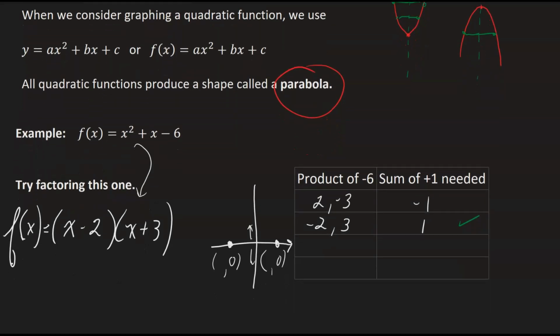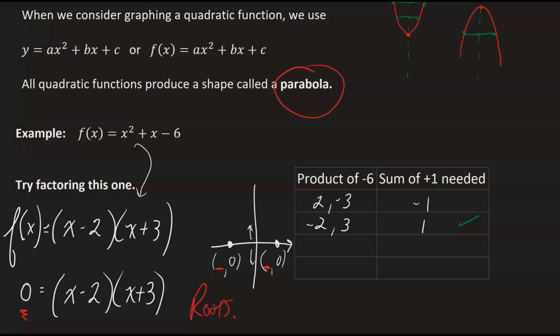So if we set that equal to 0 and solve, we actually are finding the values of x that have an output of 0. Okay, so we're finding the x-intercepts. So then we called those the roots.